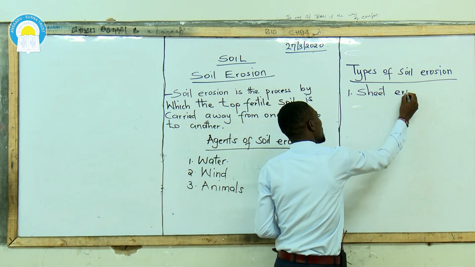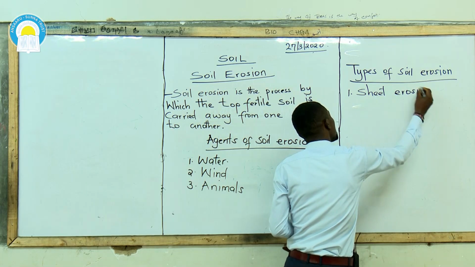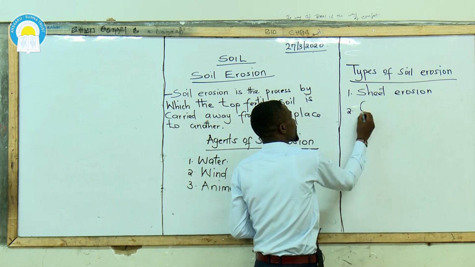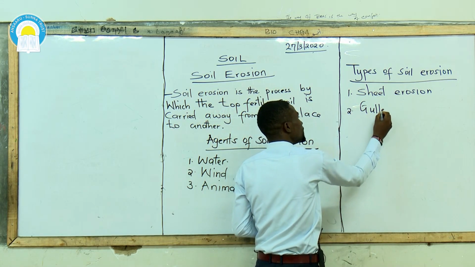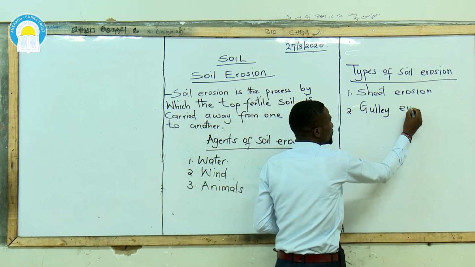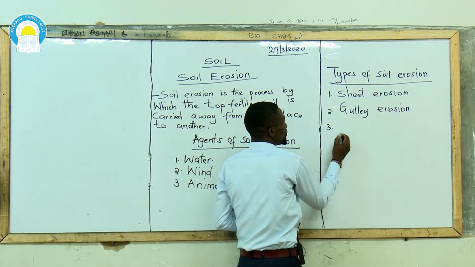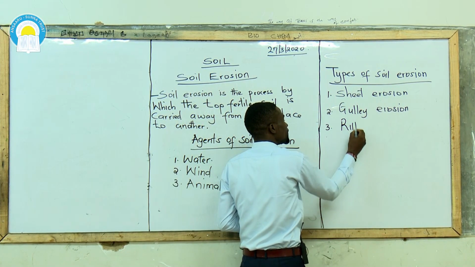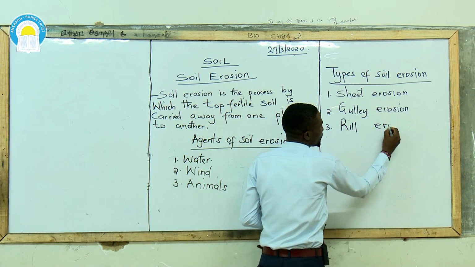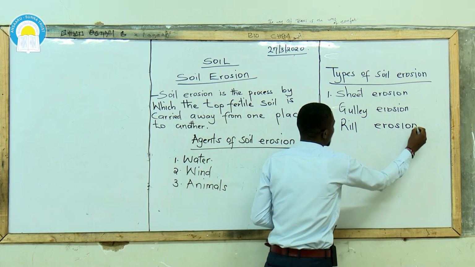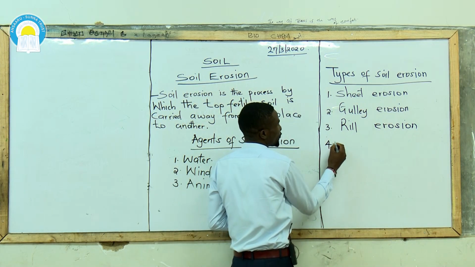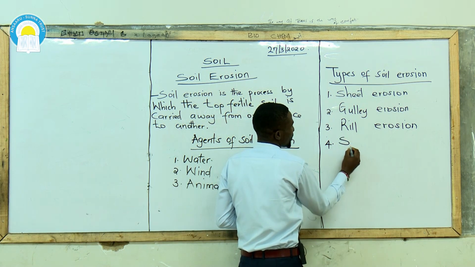Number two, we talk of gully erosion. Number three, we talk of rill erosion. Number four, we talk of splash erosion.